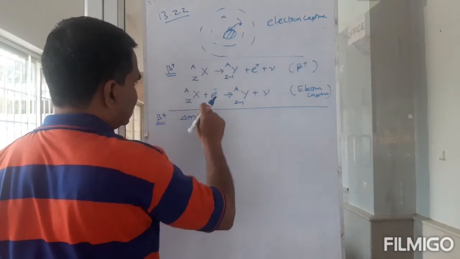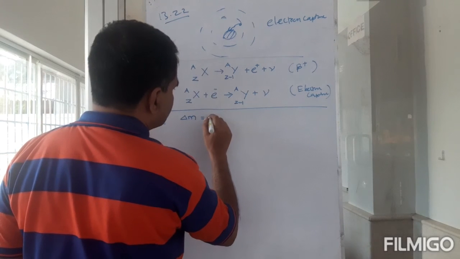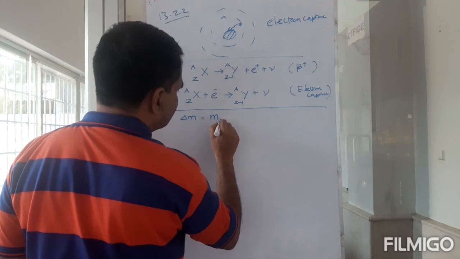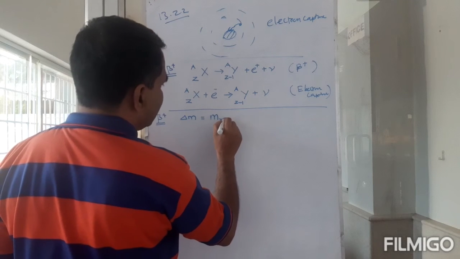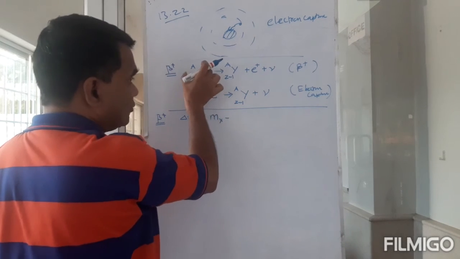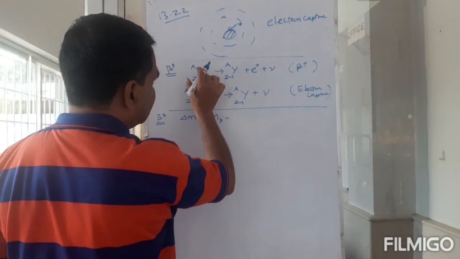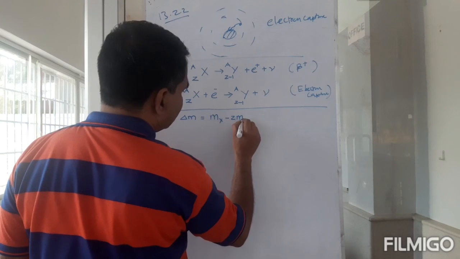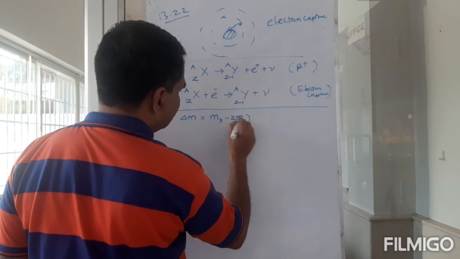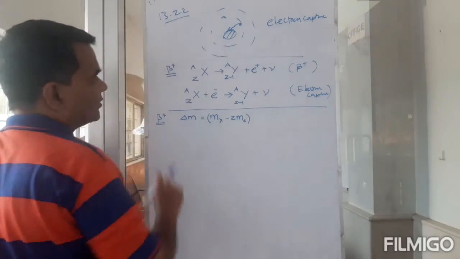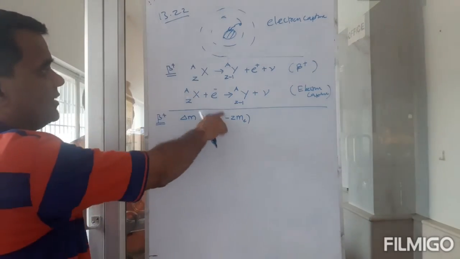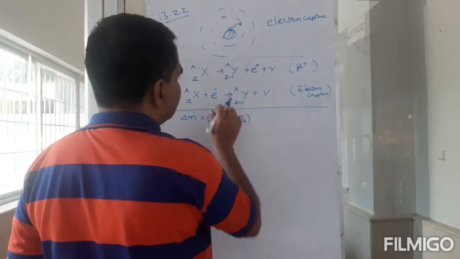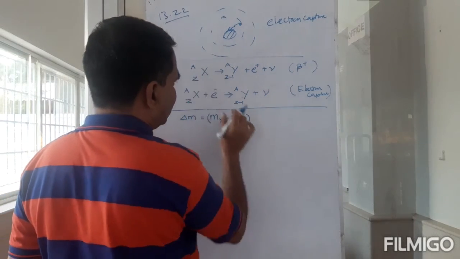Well, this is the atomic mass, so I get Mx. This is the atomic mass, minus, I have to get the nuclear mass, right? Mx minus Z times the mass of the electron. That's my nuclear mass. Okay? Atomic mass minus number of electrons times mass of electron. This is what you start with.